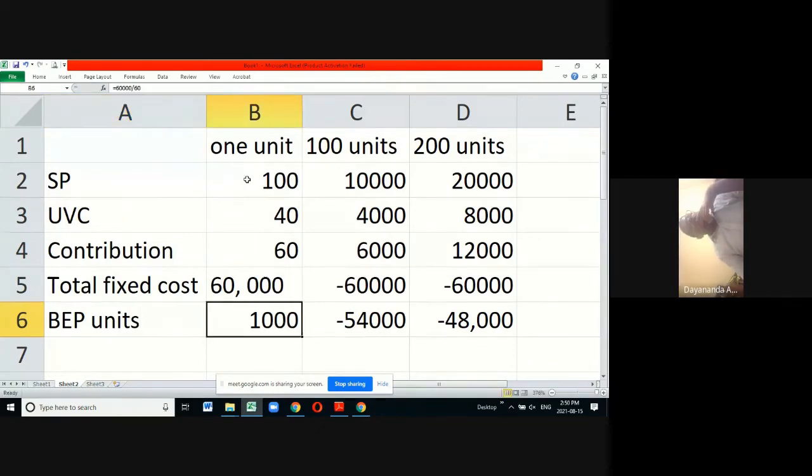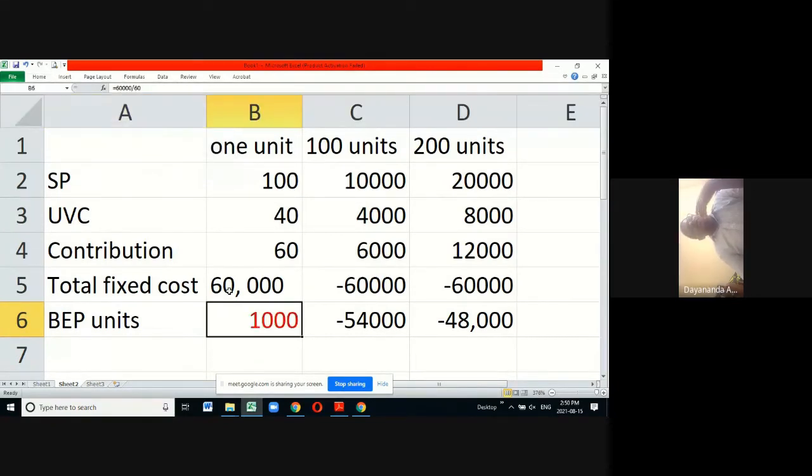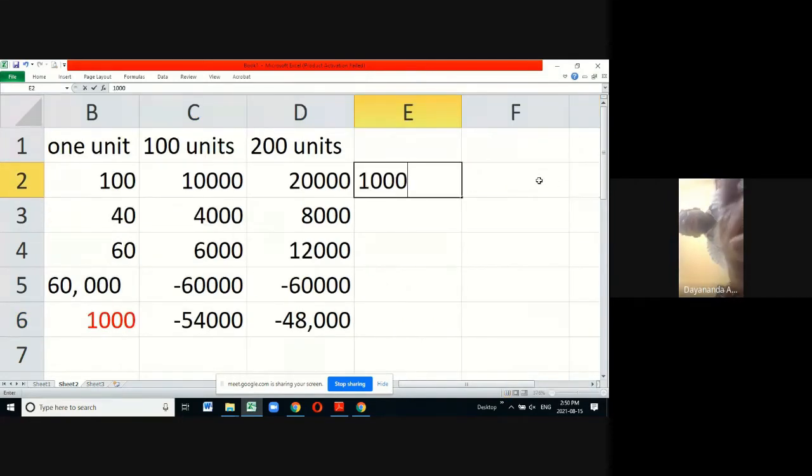To reach a profit or loss zero situation, what you have to do is sell 1,000 units of the product. So now we can put the 1,000 units here.